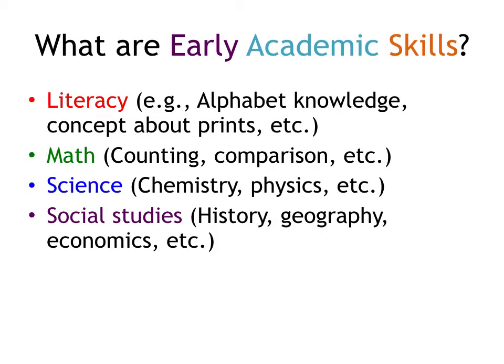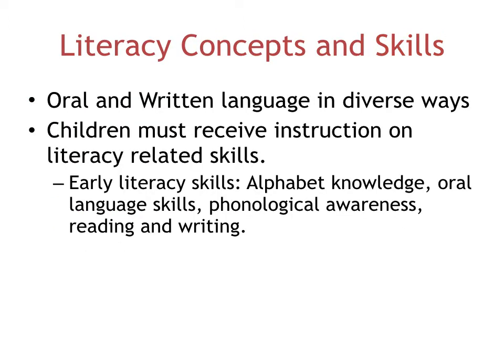Early academic skills are typically categorized into the following content areas: literacy, such as alphabet knowledge and concepts about print; math, including counting or comparison; science, chemistry or physics; and social studies like history, geography, and economics, etc. While all of these four content areas are relevant to young children, we will focus more on literacy and math today.